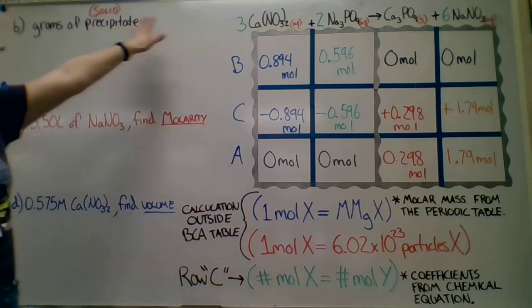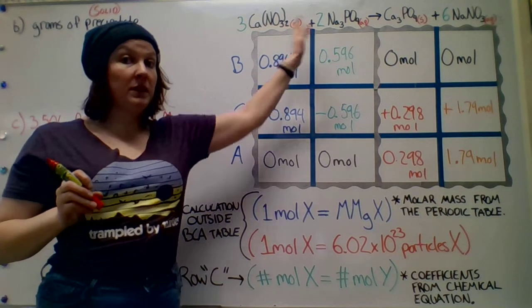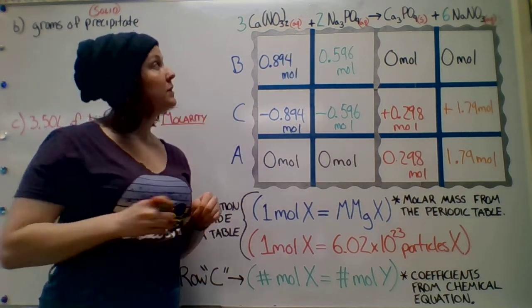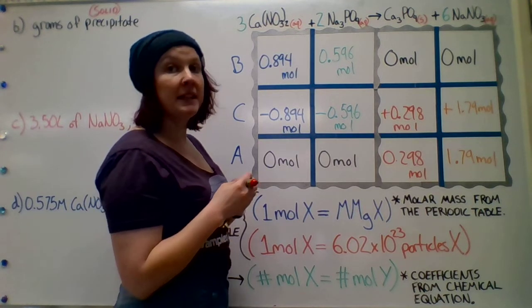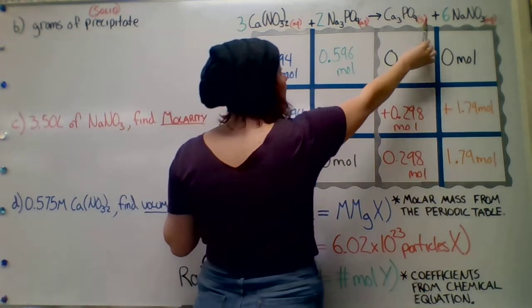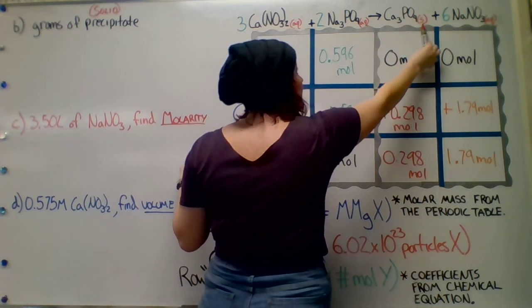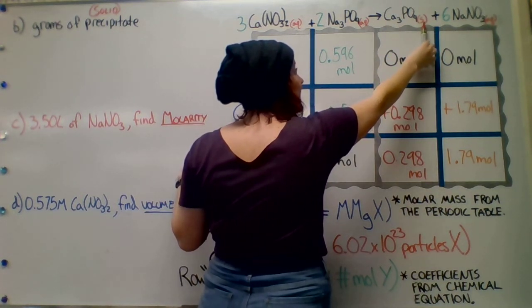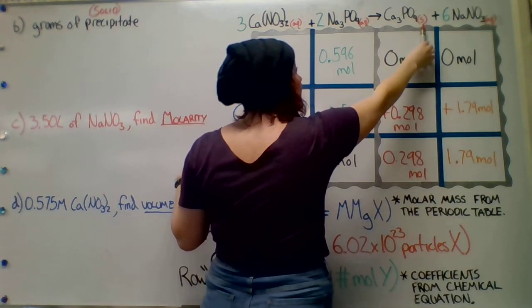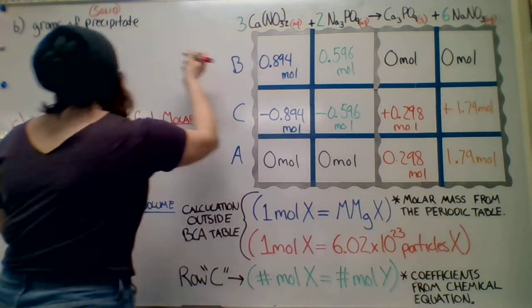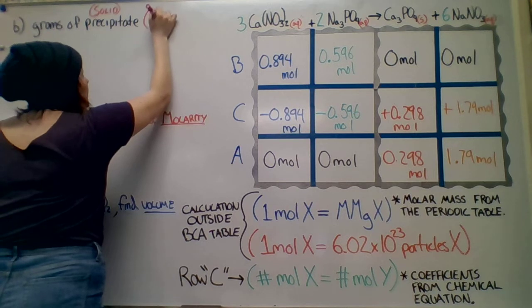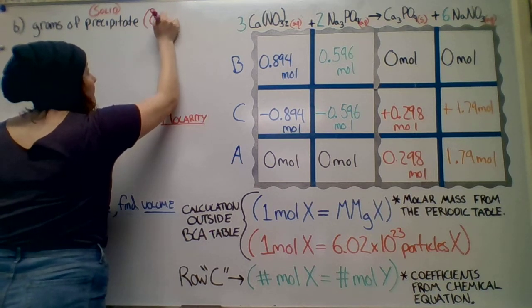So you want to be careful about which one of these substances you choose to use. If you look carefully at the balanced chemical equation, you can see that calcium phosphate is the only substance that has the S symbol after it, which stands for solid. So calcium phosphate is our precipitate. And I'm going to go ahead and write that here so that we do remember.